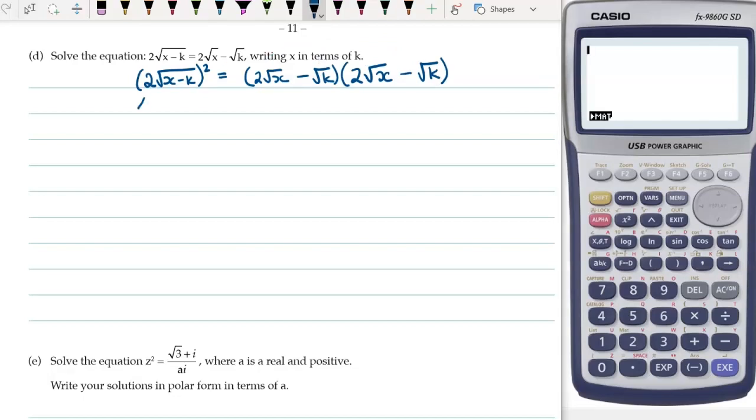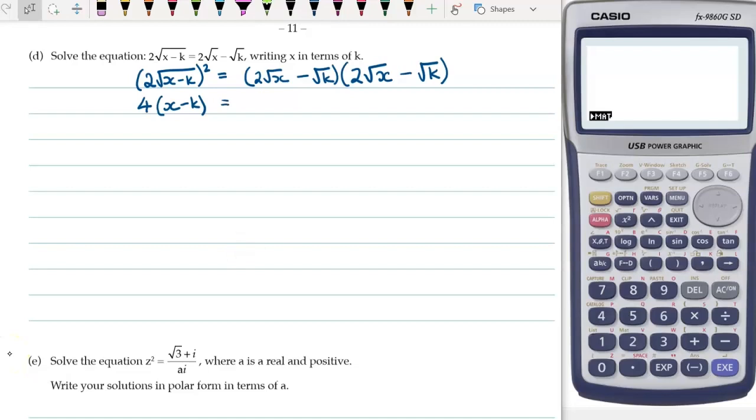So if we square the left, we get 4(x minus k). Now that is actually another place where it's easy to make a mistake and only square the square root part, but the 2 is also being squared. So that one gives us a 4 there.